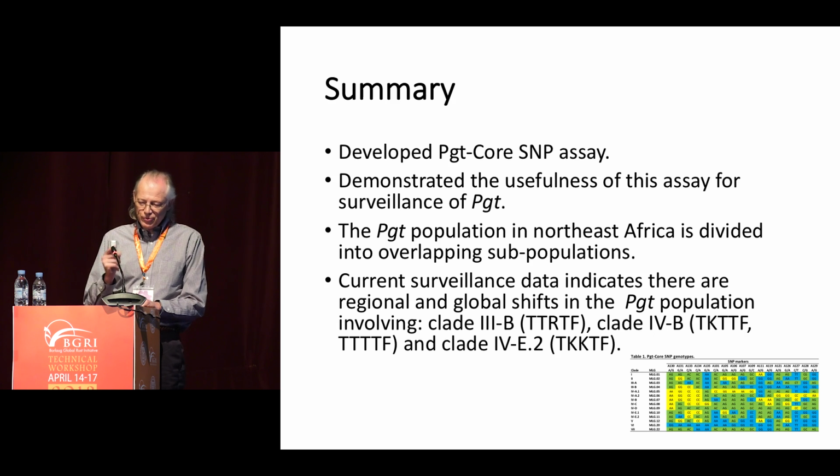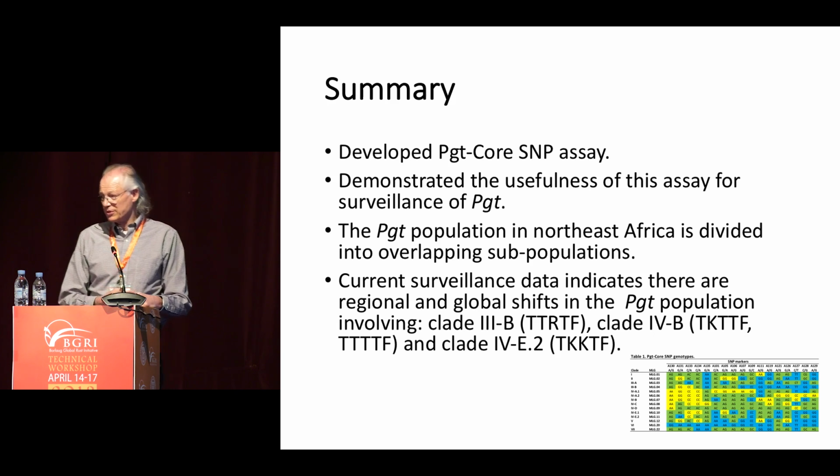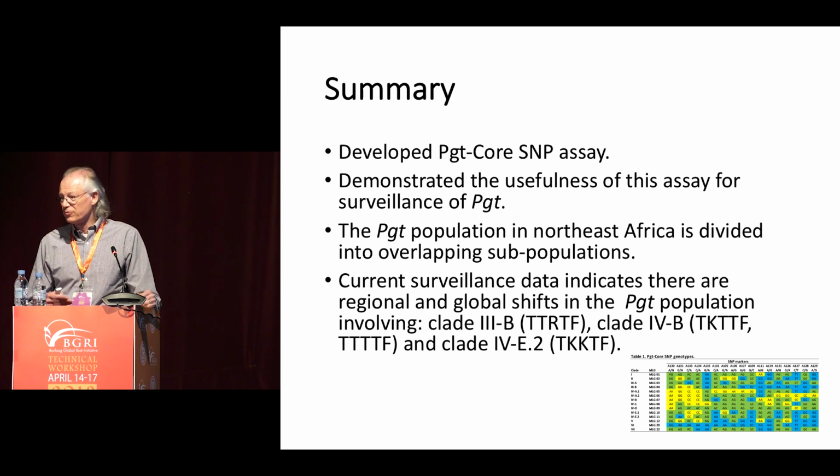The other major point here, as has been said many times by very famous people, is that PGT is a shifty enemy. We are in the midst of a time in which we are seeing population shifts occurring at relatively rapid frequencies, something that hasn't been observed in the last 50 years.